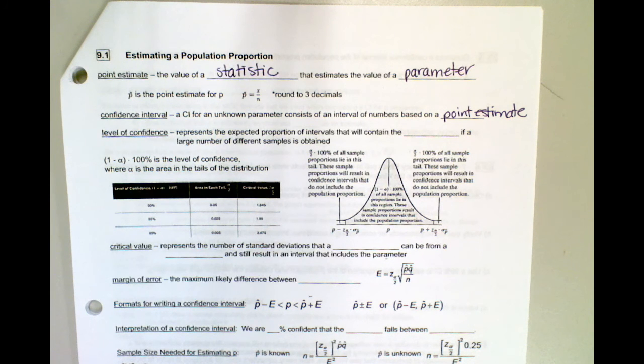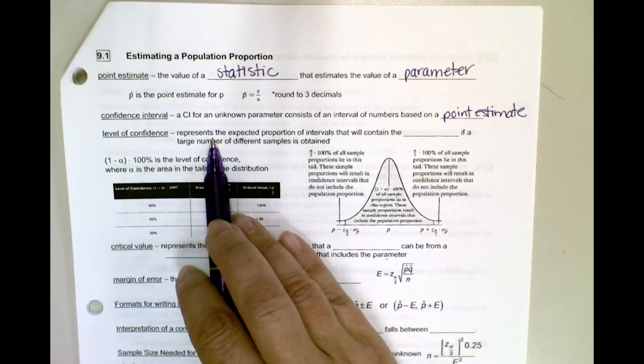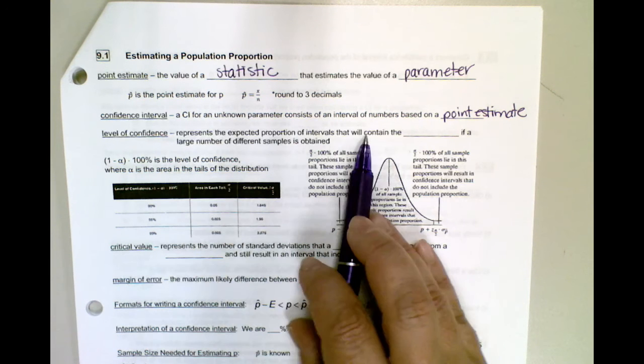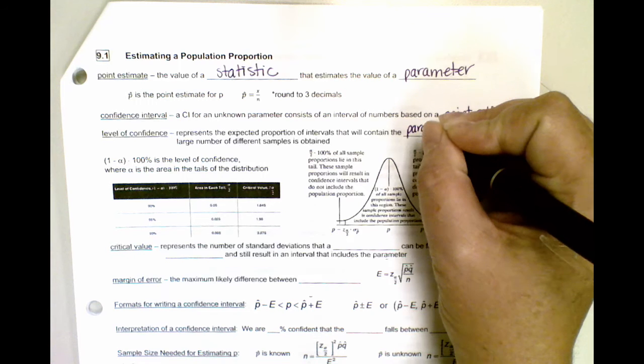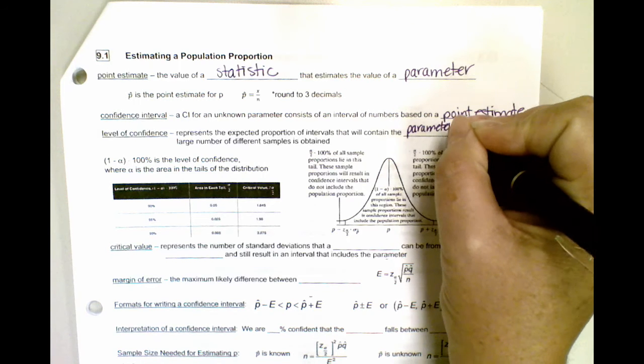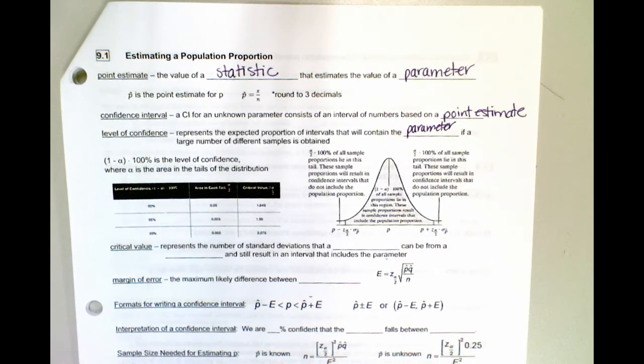So that's where level of confidence comes in. It represents the expected proportion of intervals that will contain the parameter if a large number of different samples is obtained.